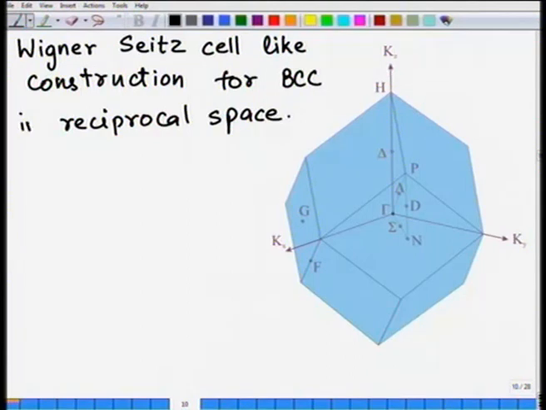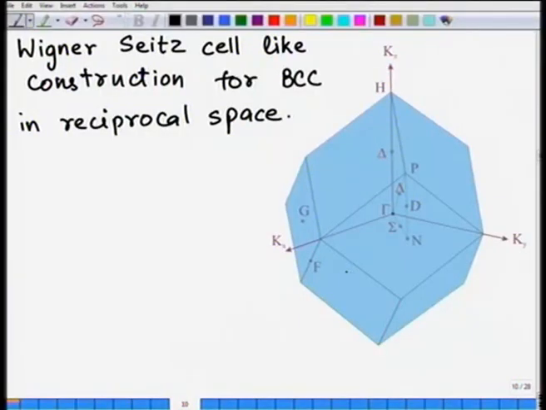If we do a construction just like the Wigner-Seitz cell which we did for direct lattice, then whatever we did for FCC, if you go back and look at your Wigner-Seitz cell for FCC, since in reciprocal space BCC looks like FCC, if I make a Wigner-Seitz cell in the reciprocal space, then it will look like that same cell which I have drawn here in this page. We have this cell which has been drawn.